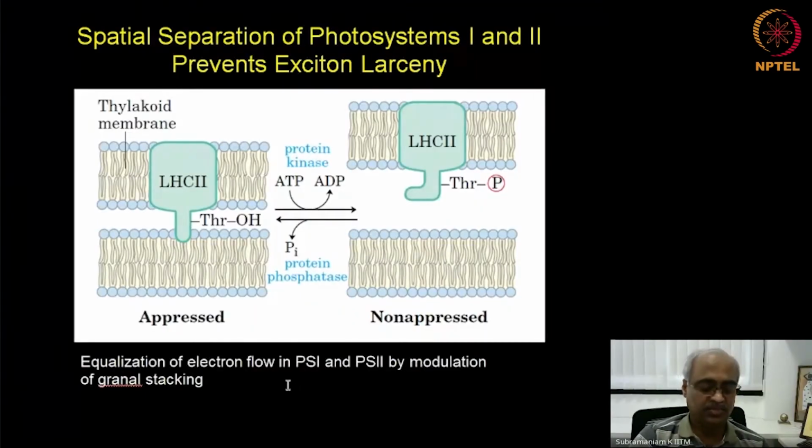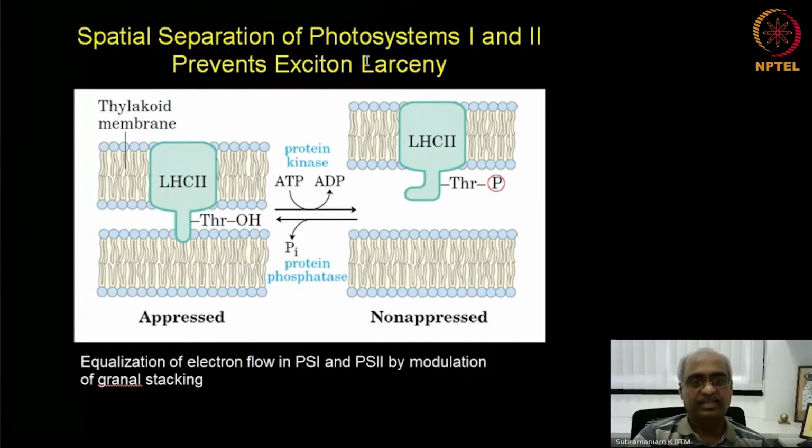Essentially not consumption of ubiquinone, the oxidation reduction of ubiquinone to ubiquinol and back. So that is how equalization of electron flow in photosystem 1 and photosystem 2 is modulated by light itself. So light ultimately activates these two enzymes. Bright light activates this, dim light activates this.